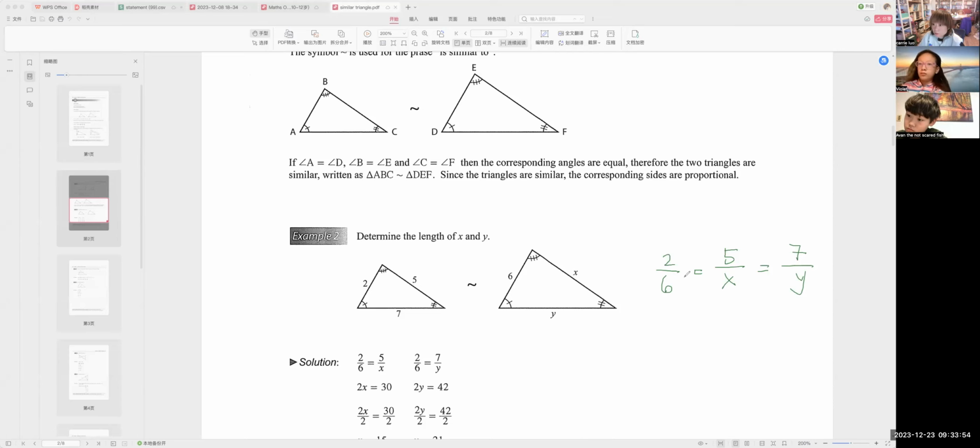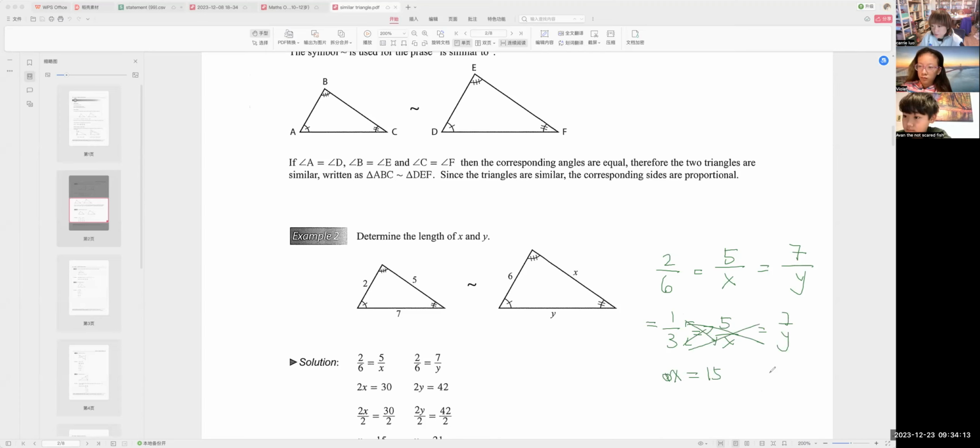Understand? Now because this one equals 1 over 3, right? So 5 over x and 7 over y. Evan, I want you to take a look at this one so we can cross multiply. So 1x equals 15. Get it?